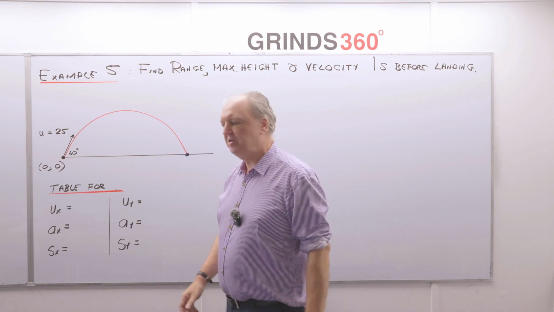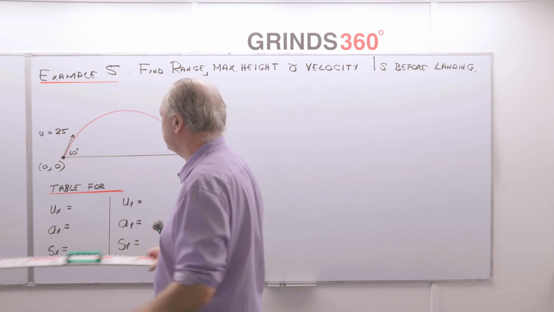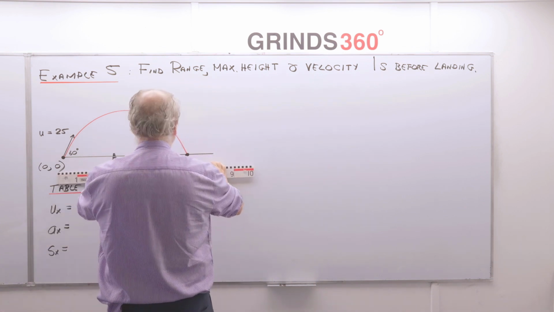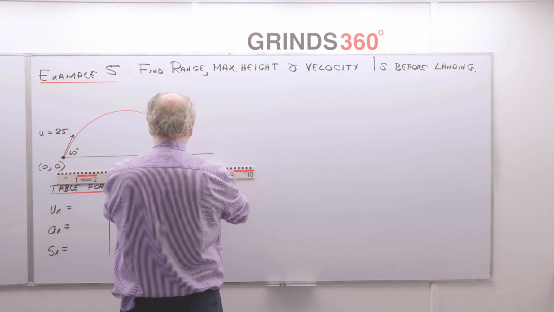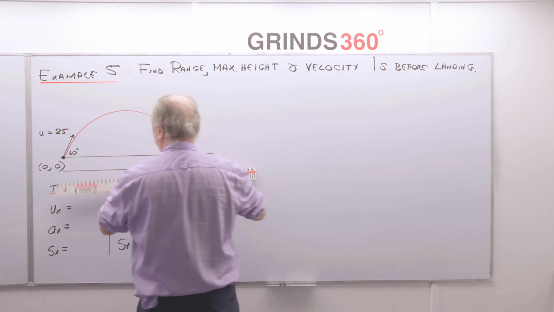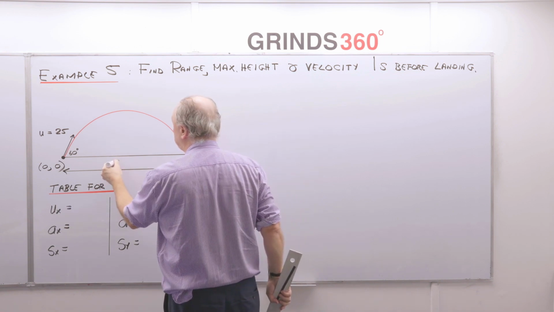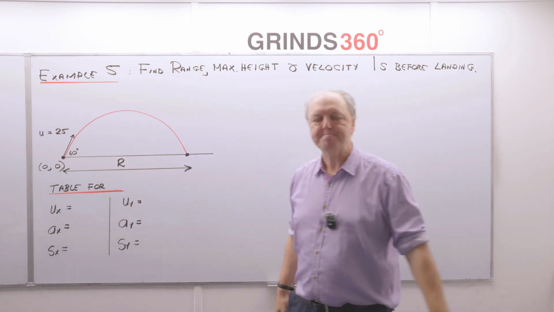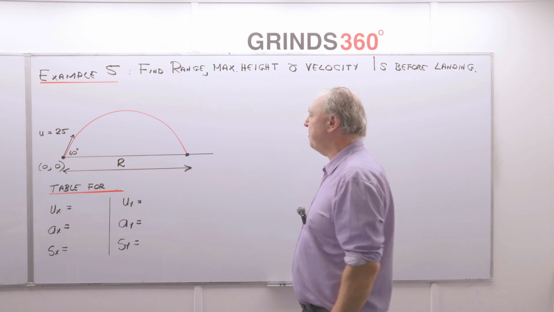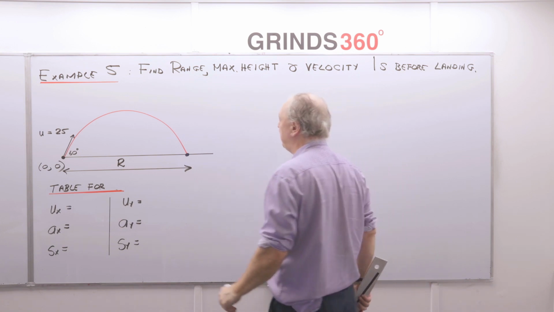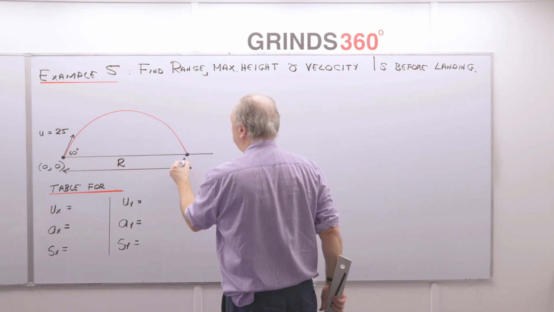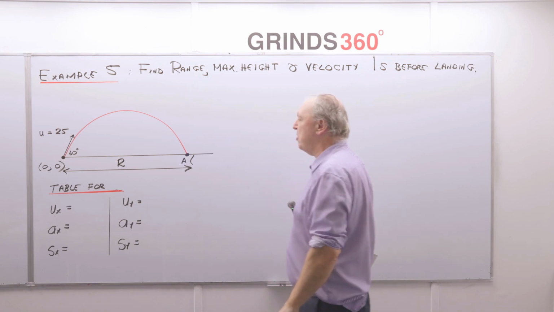The range is the distance it travels horizontally along the ground. So this distance here from launch to landing, that's called the range, which we call R. What are the coordinates of the point where it lands? I call this point O. How far did I go across?